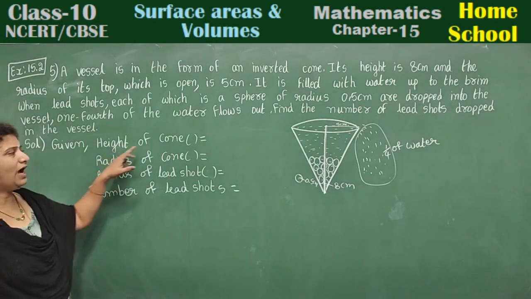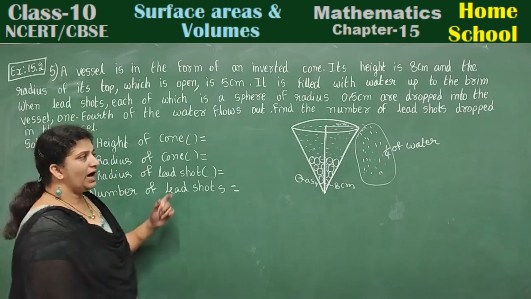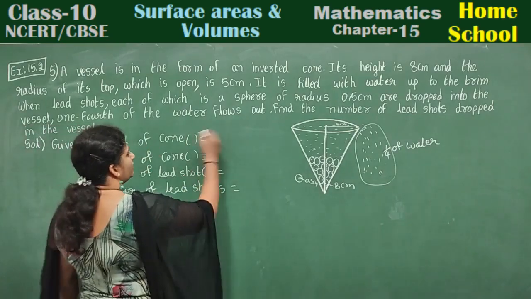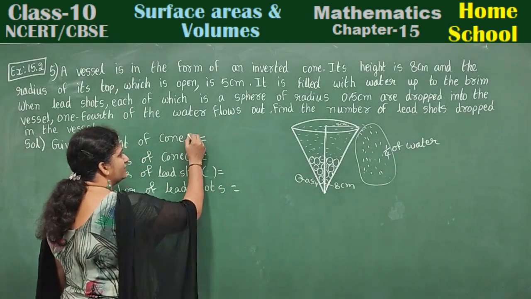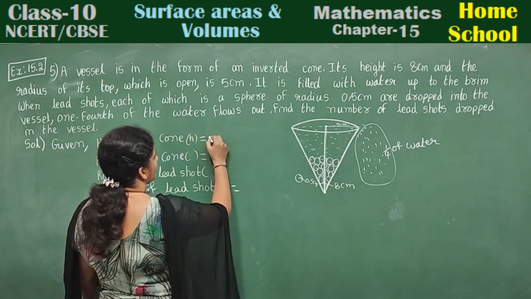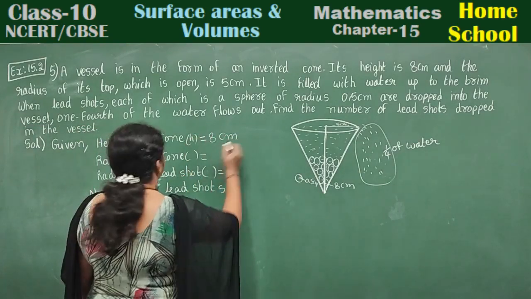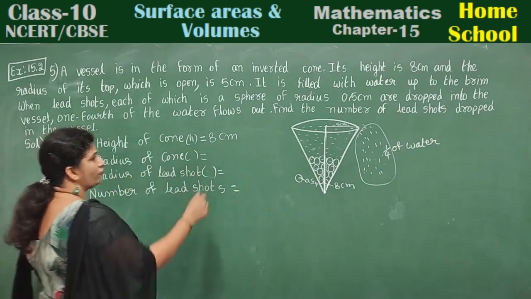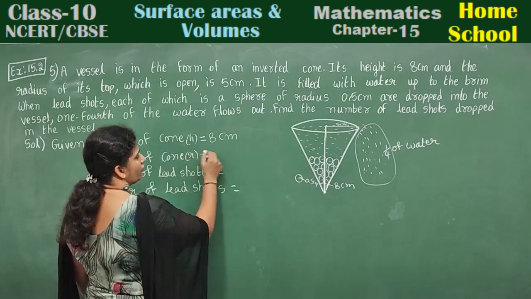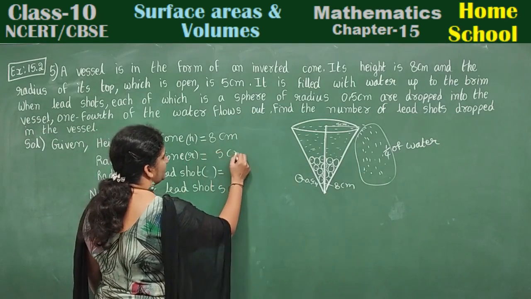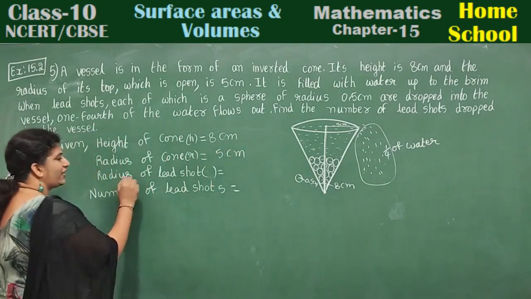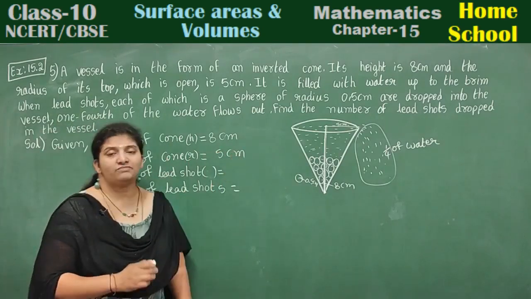Given height of cone. Height of cone is how much? Let us write this as h. Height of cone is 8 centimeters. Radius of cone r is equal to 5 centimeters. Next, radius of lead shot. Observe here carefully.